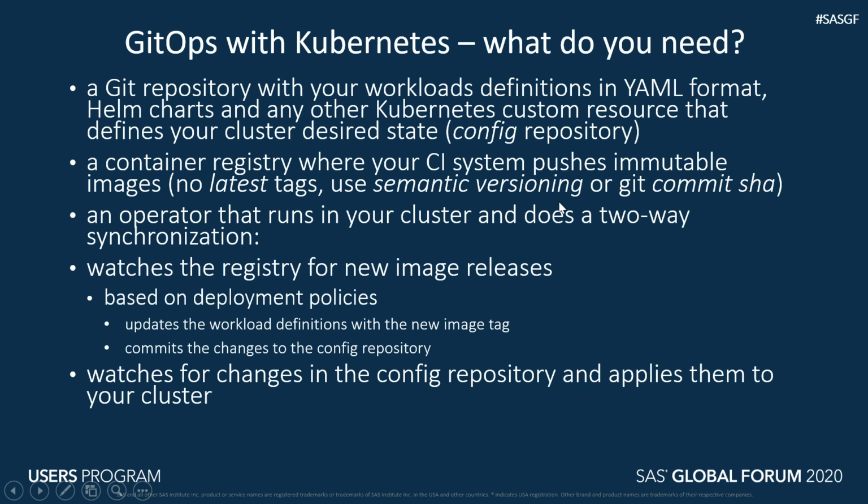GitOps is Kubernetes, so what do we need here? We need a Git repository with our workload definitions in YAML format, Helm chart, any other Kubernetes custom resource that defines our cluster's desired state. This is the config repository, the set of Kubernetes objects, a set of YAML files. And a container registry where our continuous integration system pushes immutable images.